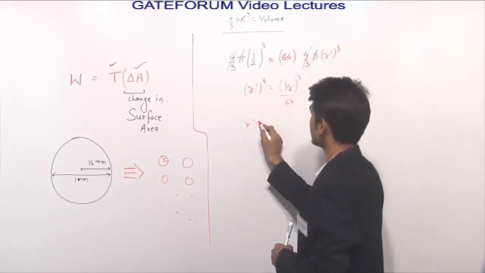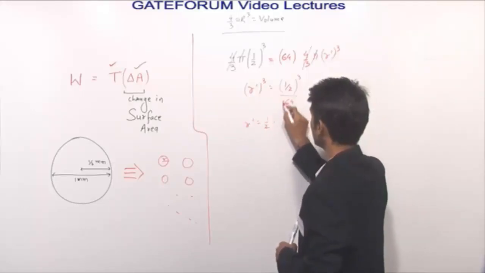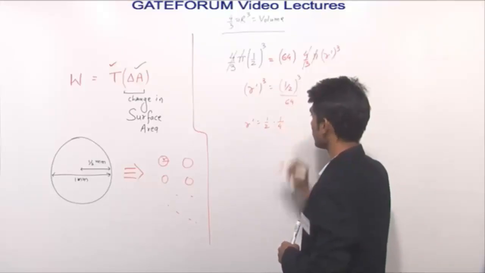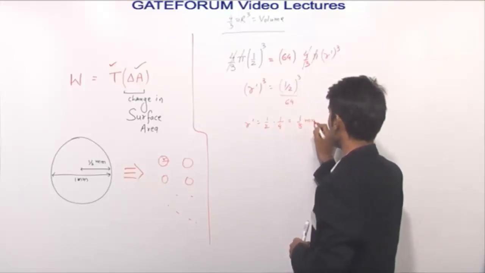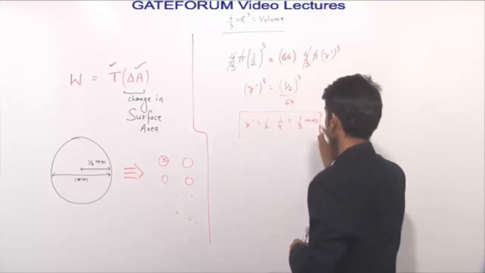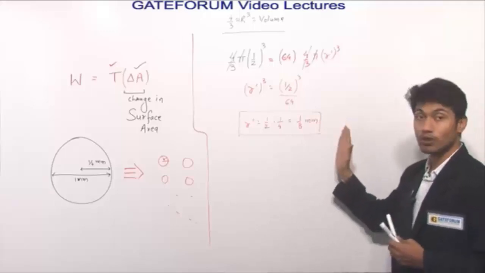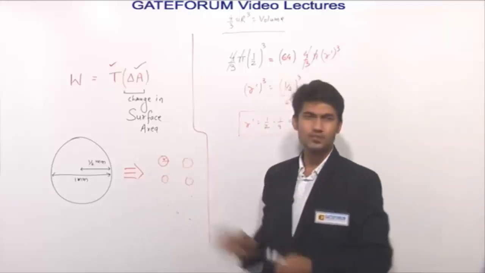So, r dash will be equal to 1 by 2 into the cube root of 64, which is 4, so 1 by 4. So, r dash is equal to 1 by 8 mm. This is what we wanted to calculate, because after calculation of r dash, the question is very easy.